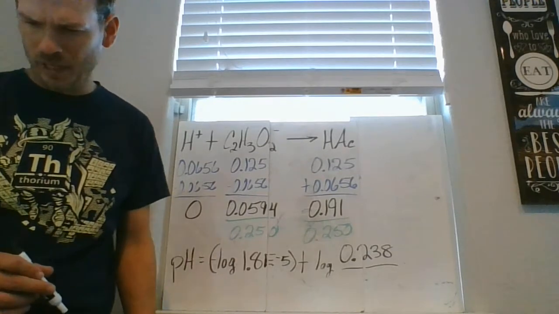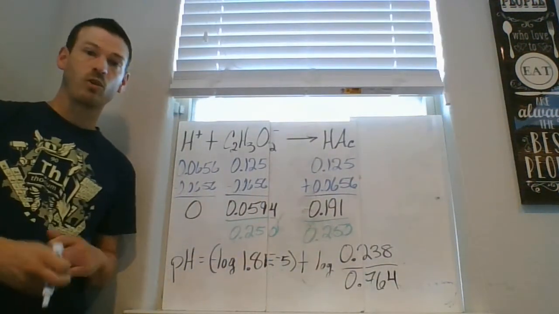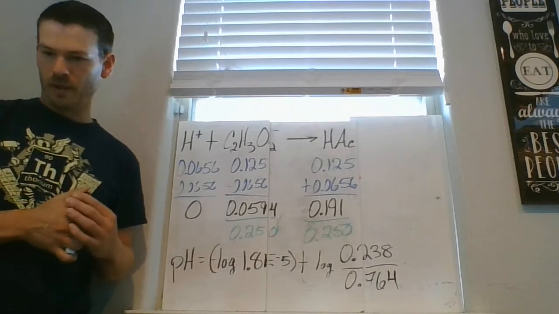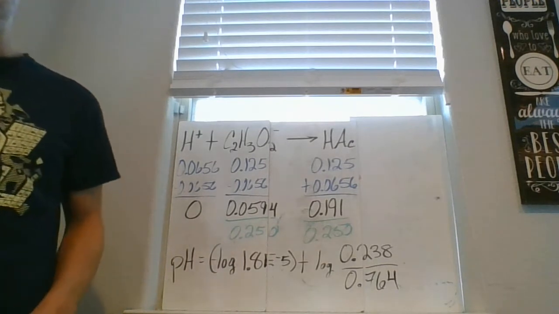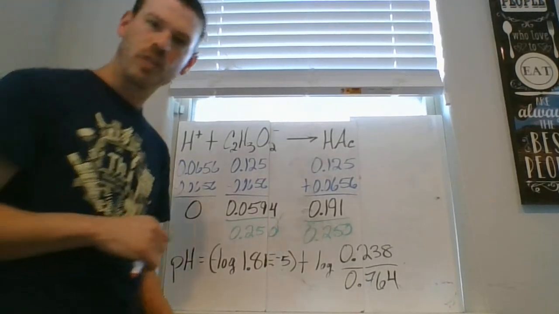In this case, I get 0.764. We've got Henderson-Hasselbalch ready to go, and now it's a plug and chug. I get a pH of 4.238.